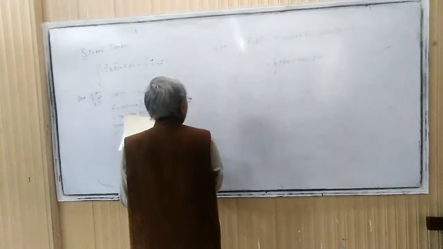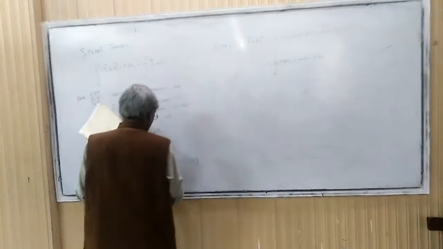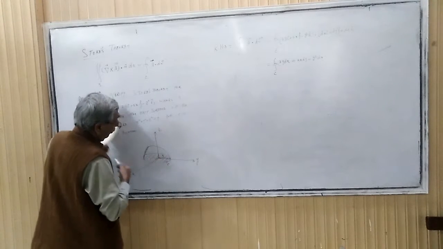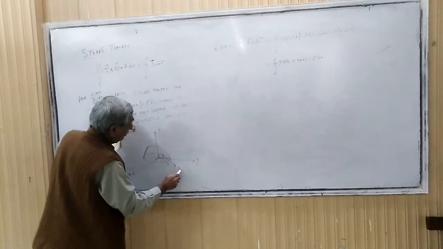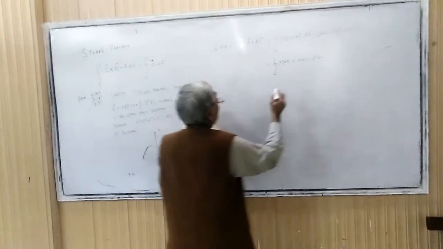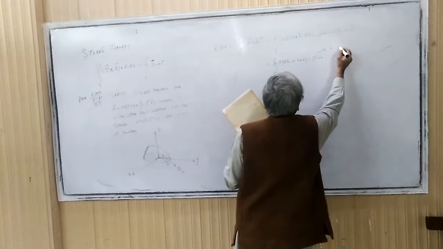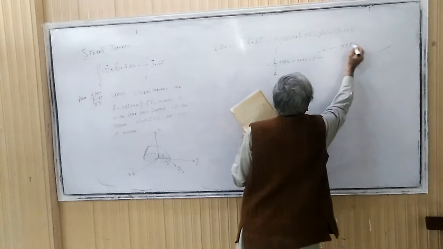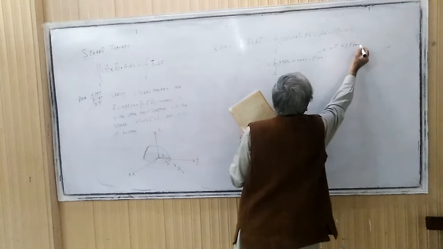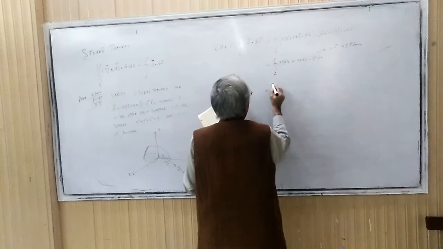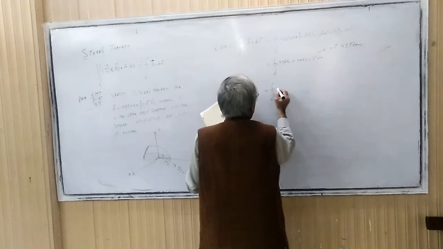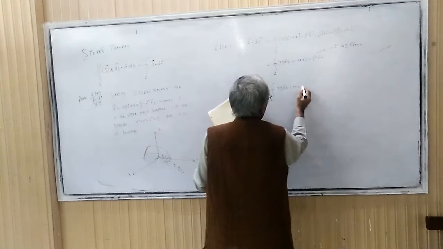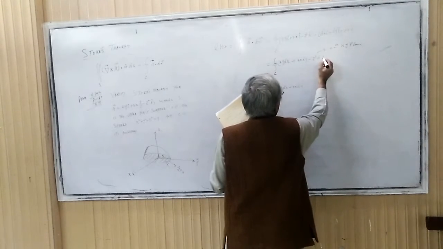Now here we are, because it is over C, we are in the xy plane where z is 0. In the xy plane, z is equal to 0, and therefore this integral reduces to the closed integral over C of 2y dx plus 3x dy, sorry, this is dz.